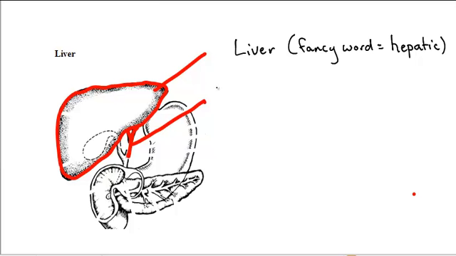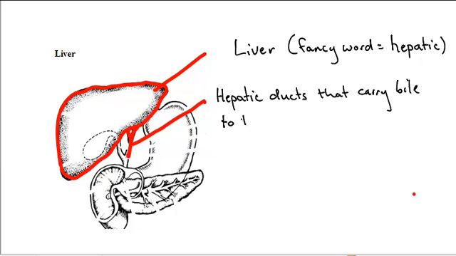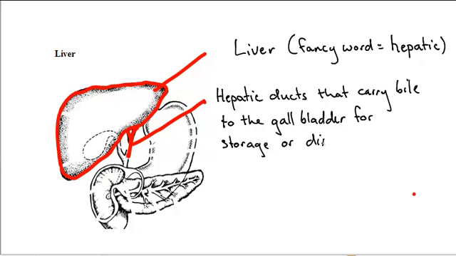And down here, we have what are called the hepatic ducts that carry bile to the gallbladder for storage or directly to the small intestine. And once again, SI for small intestine.